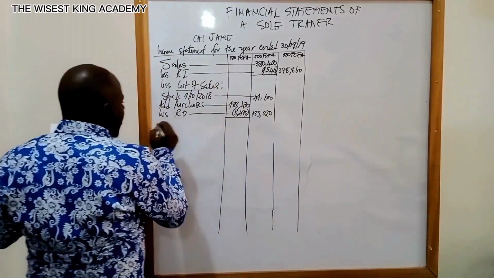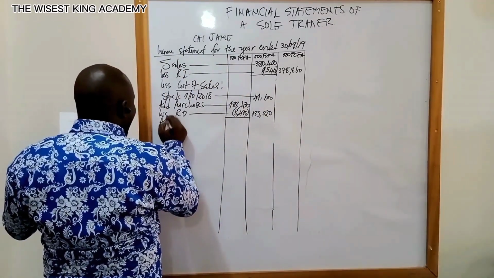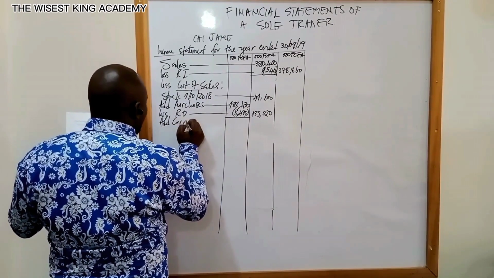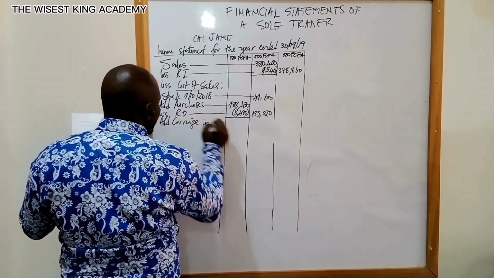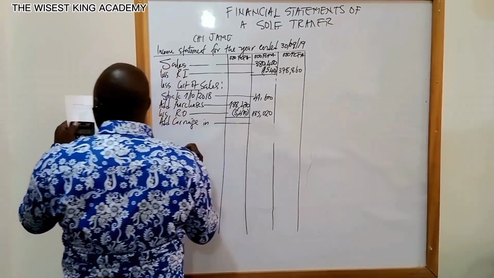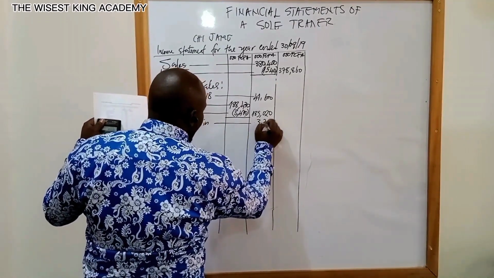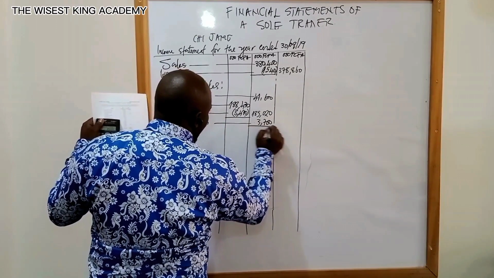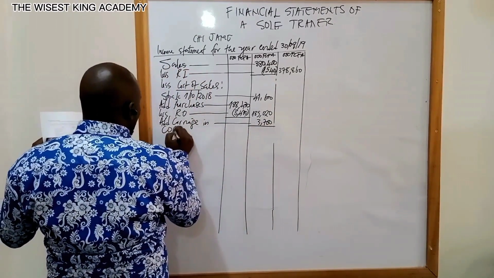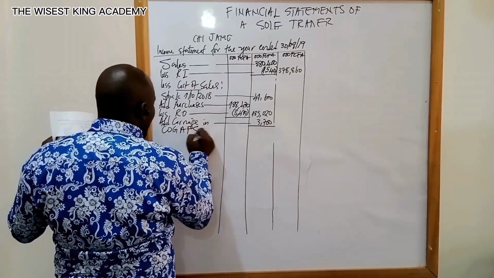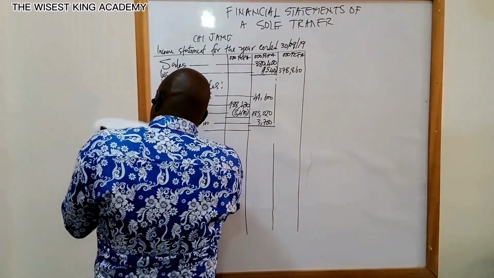Now we add carriage inward. Carriage inward is 3,700. When we add, this is actually called cost of goods available for sale.